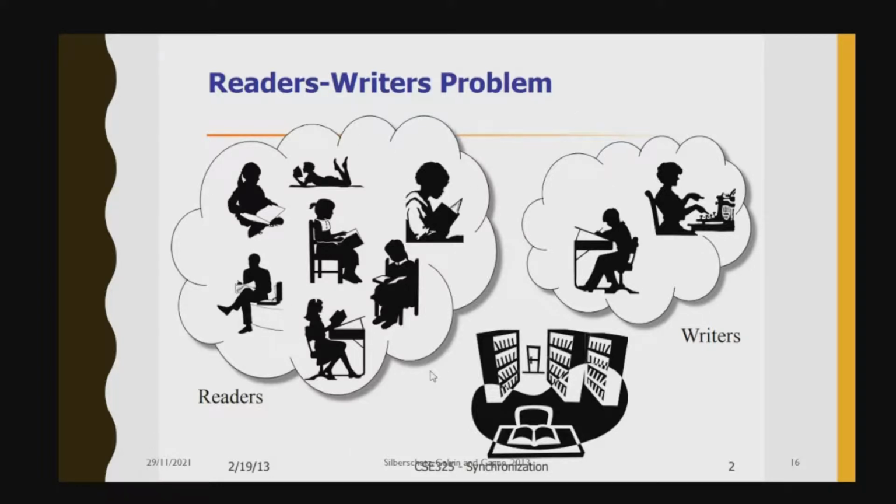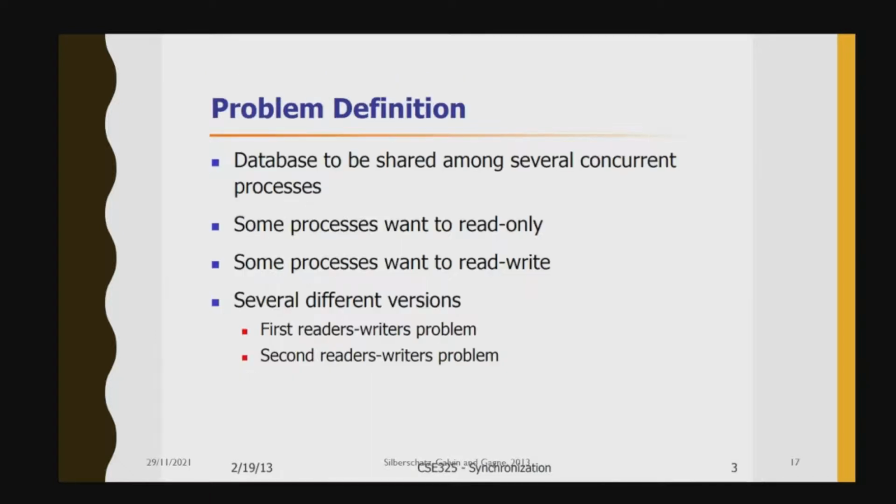Multiple users are able to read, and we also have certain users that are allowed to write. And then this is our library. So this is just the analogy of data inside of a computer system. So a database to be shared among several concurrent processes.